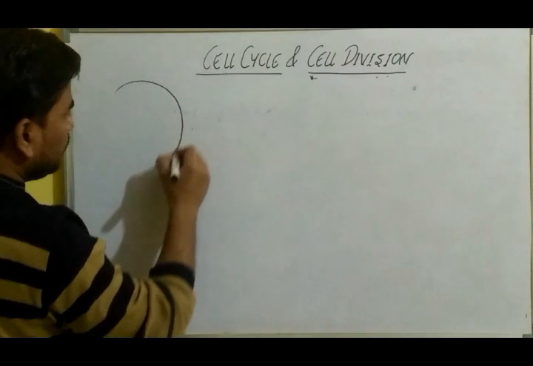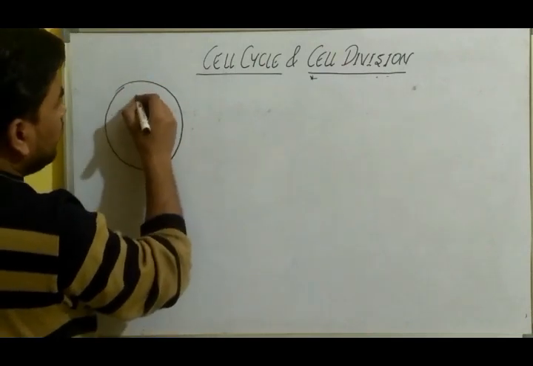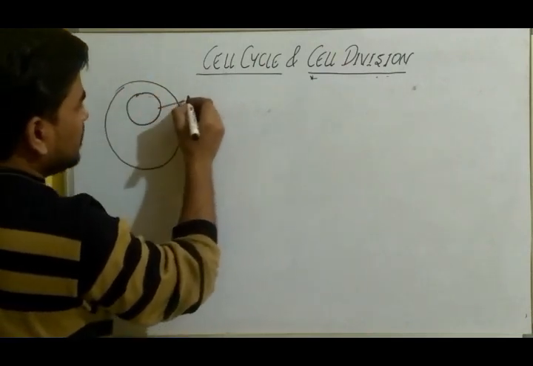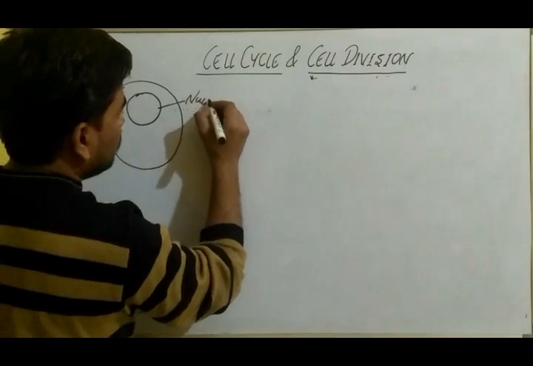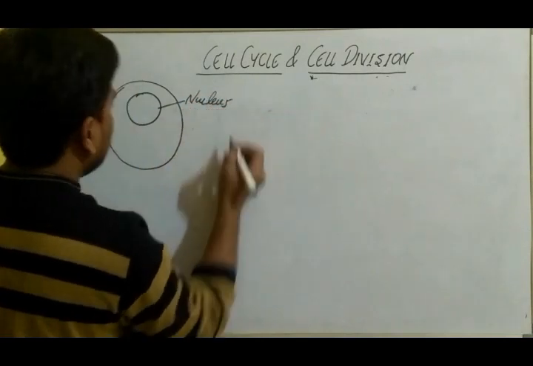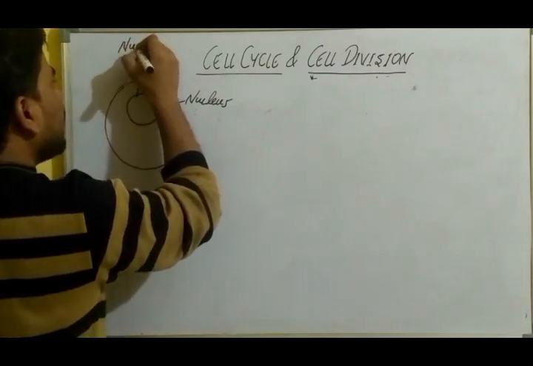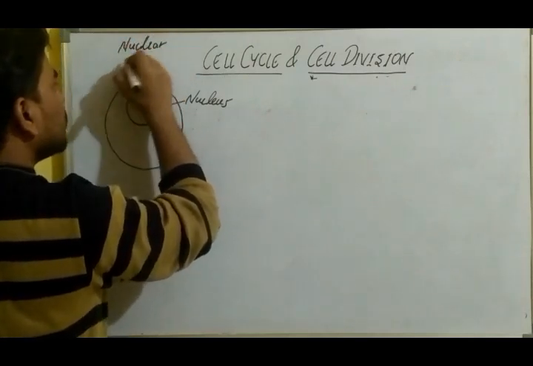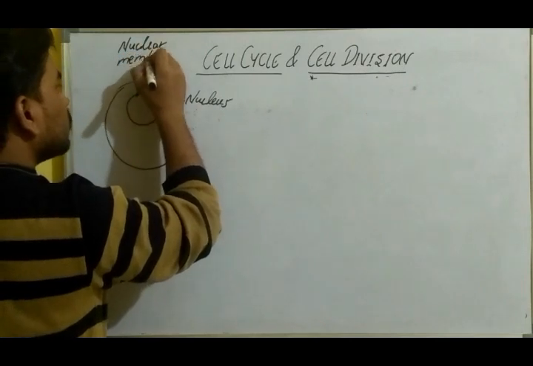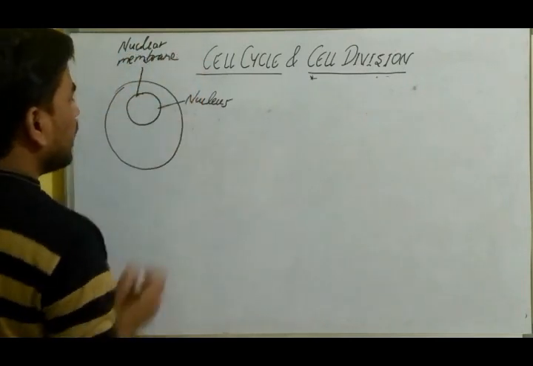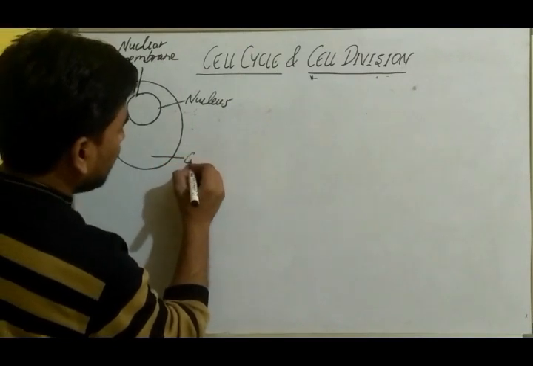This is a cell having a central part called the nucleus. The membrane of the nucleus is called the nuclear membrane, and the cell is filled with cytoplasm.